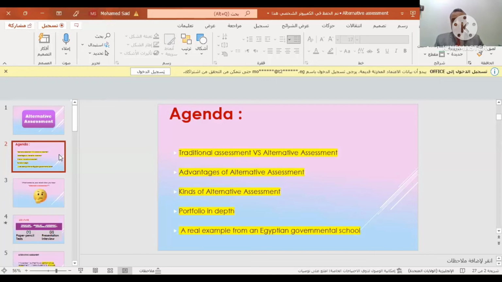Of course, there is no one kind, there are so many kinds in the alternative assessment. And we are going to go deep through the portfolio, which is one main part of the alternative assessment. And I'm going, inshallah, to tell you how to perform a portfolio using your hands.